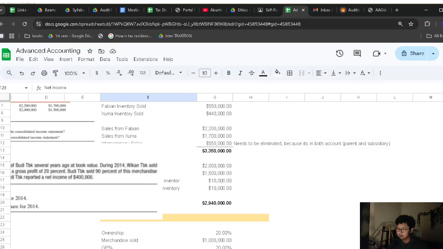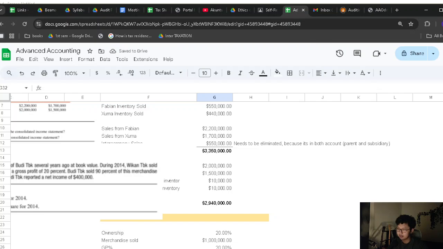And so because Booty only sold 90% of it, that means Booty only sold around 1 million times 90%.